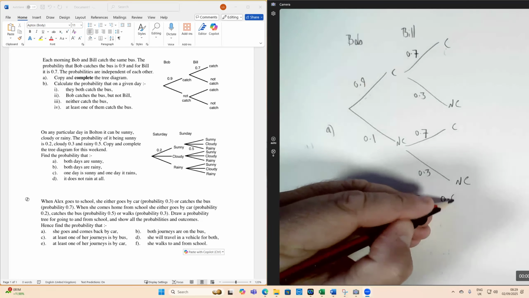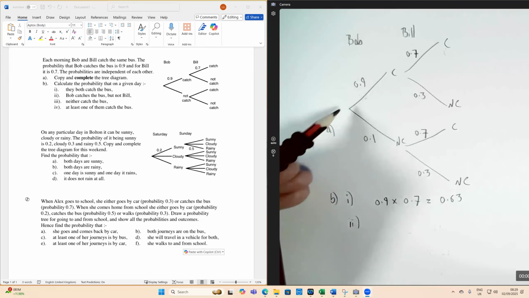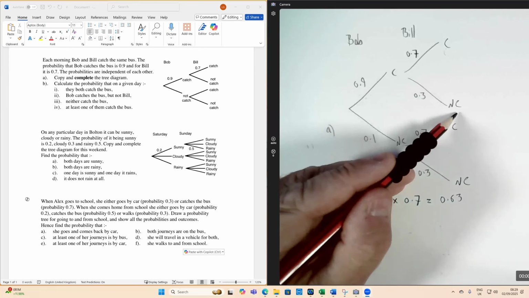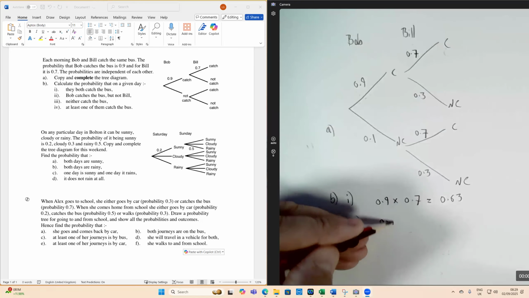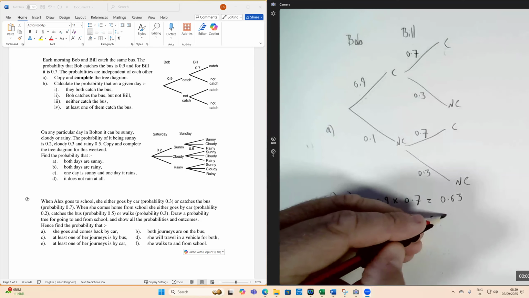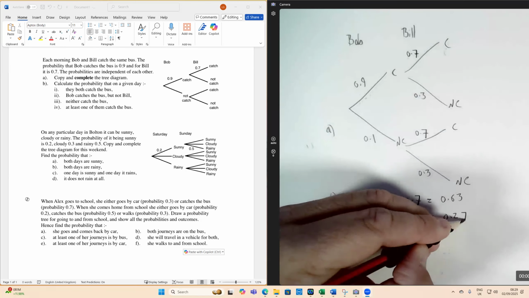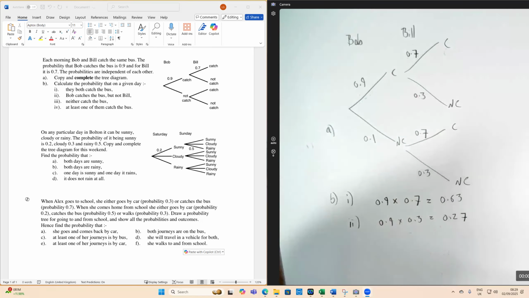So we have 0.63. The next one, it says, what's the probability that Bob catches the bus but not Bill? So Bob catches it, but Bill misses it. So that's this branch. That's a probability of 0.9 times 0.3, which is 0.27. So that's Bob catches it, but Bill does not catch it.